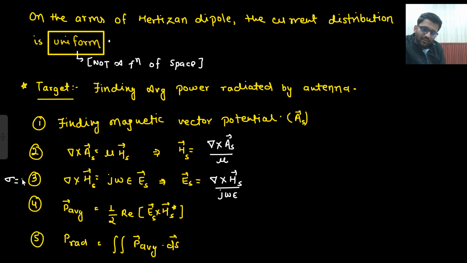No conductivity is there. So the medium that we are going to use will be non-conducting. It would be a perfect dielectric, or you can say free space. So we will always consider sigma equal to 0. So if I know Hs, can I find out Es? Del cross H divided by j omega epsilon. And then I can find out my P average, and from there I can find out P radiated. So this target is also clear.